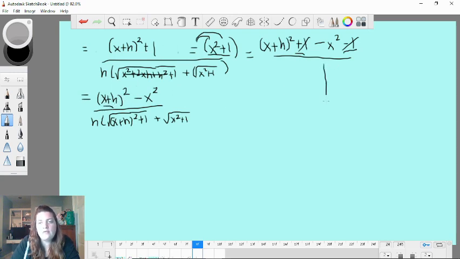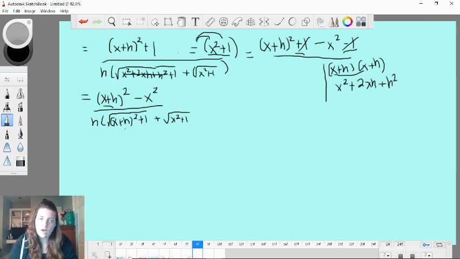We've done this a couple of times before, so x plus h squared is just x plus h times x plus h. So you just FOIL it, and you end up with x squared plus 2xh plus h squared. So I'm going to plug that in place of x plus h in the rest of this problem.